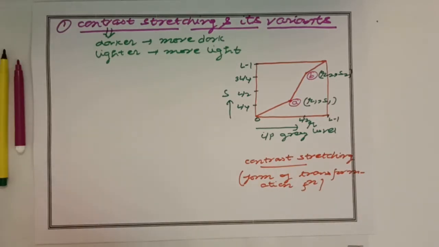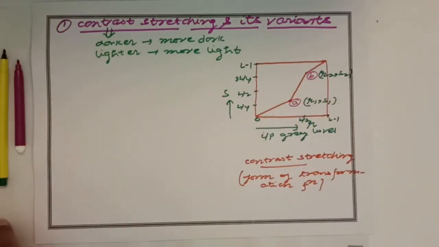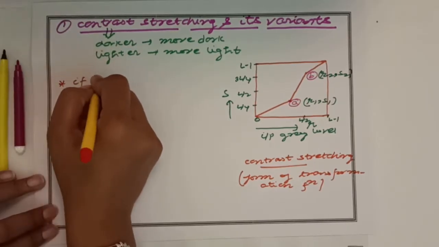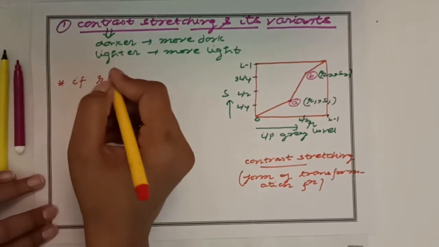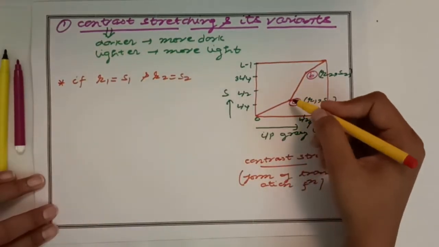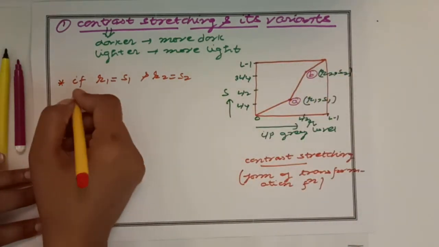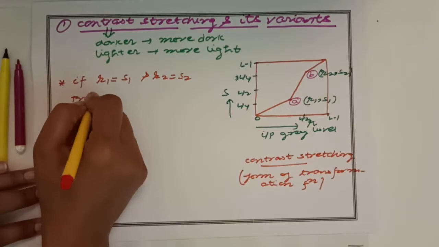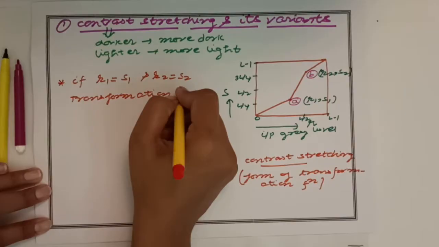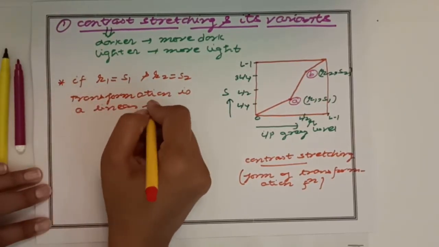See, from this particular diagram, you can see that if r1 is equal to s1 and r2 is equal to s2, that is, (r1, s1) and (r2, s2) are both at the same locations, then the transformation is a linear function.